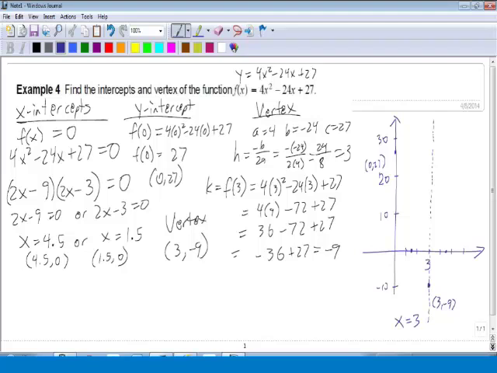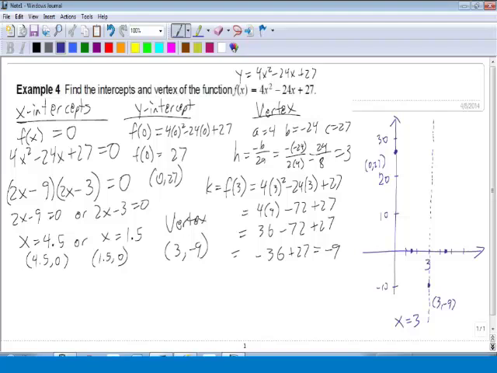Once we have the axis of symmetry, there is one other point that we get for free, basically. It's the image of the y-intercept about the axis of symmetry. If the graph has x-intercepts like this one does, they will always be images of each other about the axis of symmetry. Each one of those points is 1.5 units away from the axis of symmetry.